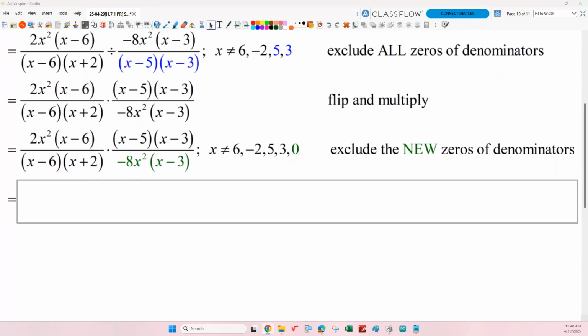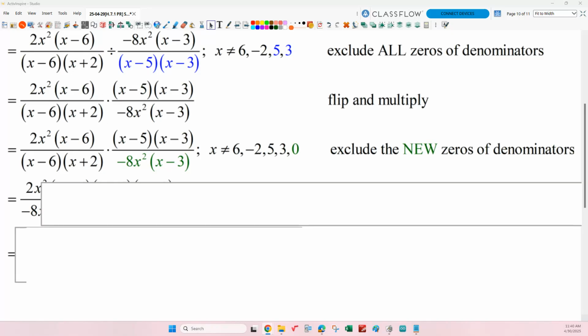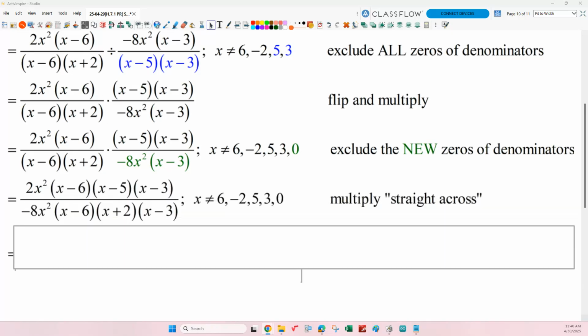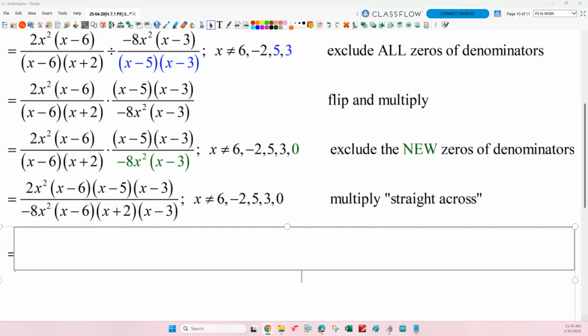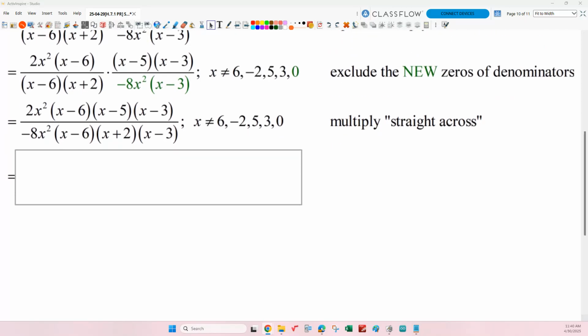Okay. If I multiply those, what am I going to get in my numerator? What are all the factors? It's just going to be everything, right? And then all of the denominator. Okay, what can you see simplifies?